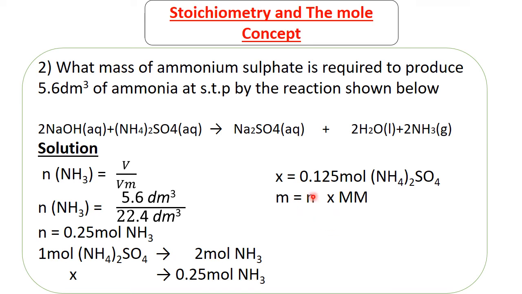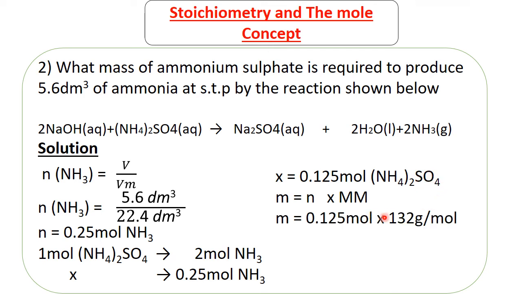So when you solve for m, which is mass, you're going to have this. With that being said, we can plug in now. When you plug in molar mass for ammonium sulfate, you have to calculate: that is nitrogen, 4 hydrogen, nitrogen by 2, hydrogens by 8, 4 times 2, sulfate, oxygen by 4.